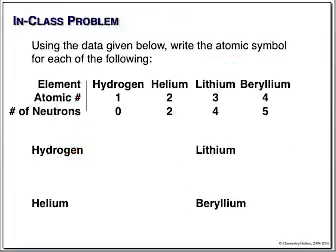Let's go ahead and work a problem. Here is a little table with data. These are elements. Go ahead and quickly write, while I pause for a moment, the atomic symbols for each of these. Now, what you're doing now is a very important part of this course.